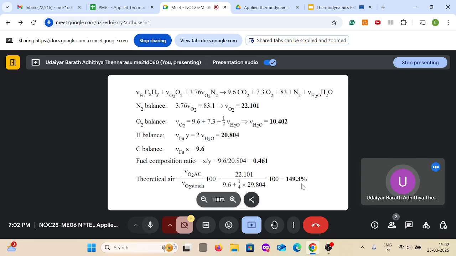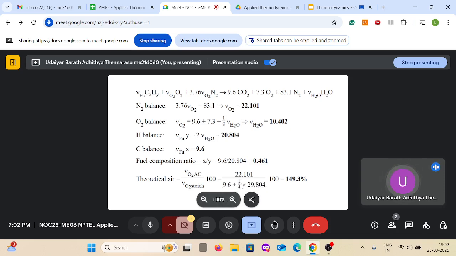So here the answer is correct. Here the only change is half into 10.402. So we'll get 149.3. I calculated with respect to 20.804, so I was getting 110. Here the number of moles of oxygen present is 10.402. So 22.101 divided by 9.6 plus 1 by 2 into 10.402.